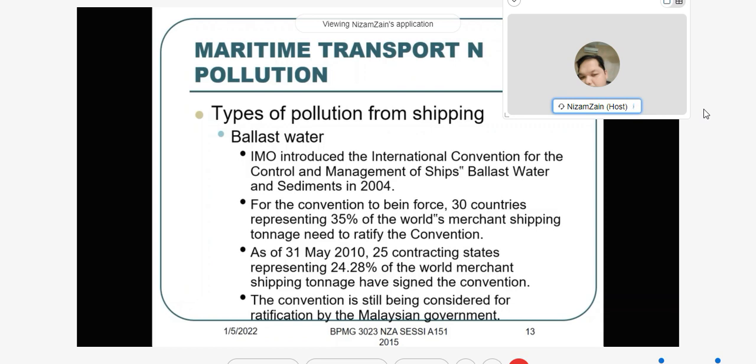So maybe the local industries and ships are not ready yet to incur more costs on abiding to the conventions. But the country agreed that this is important to ratify, but they must think about the practicality or the readiness of their local ships.